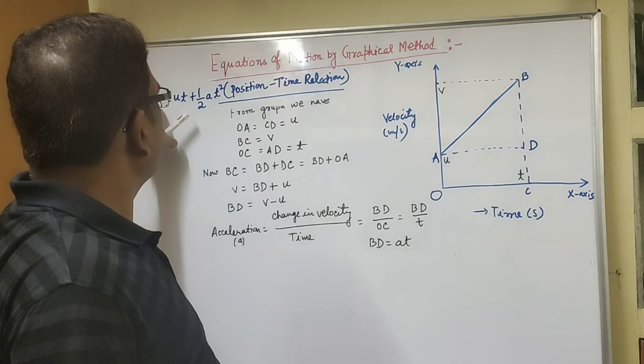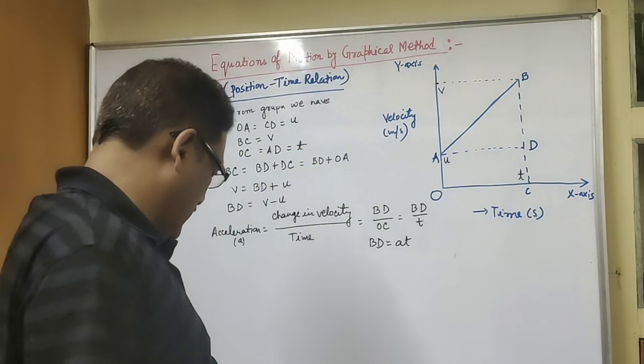So write a few lines. First we are deriving S is equal to UT plus half AT square, the position time relation.